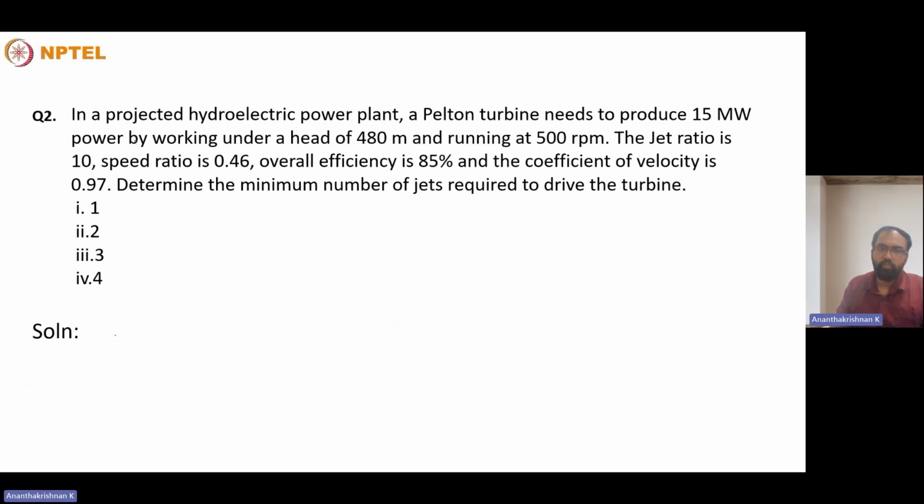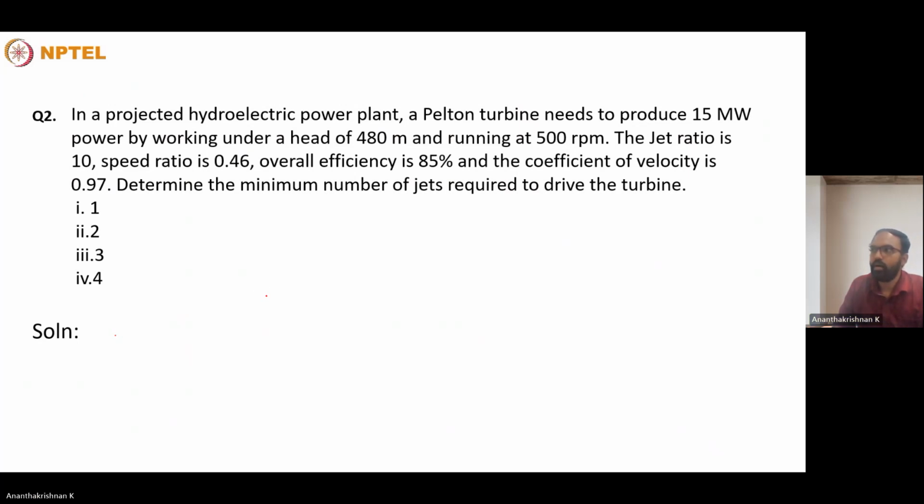So in this particular problem, we can denote the parameters which are given. First of all, this is a Pelton turbine that needs to produce 15 megawatt power. The operating head is 480, which remains the same, and it runs at 500 RPM. The jet ratio is given as 10.